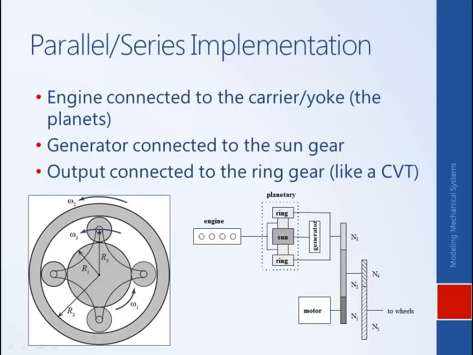Every time you did a conversion, you lost energy. But in this situation, you can operate the engine in its most efficient region without having to do that multi-form conversion, because the engine is mechanically connected to the output. You don't have to convert it to electrical and then back to mechanical.